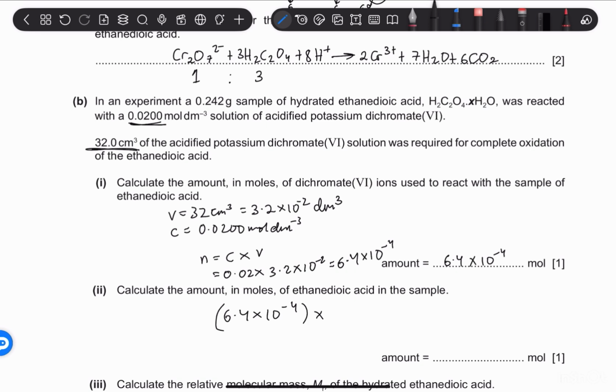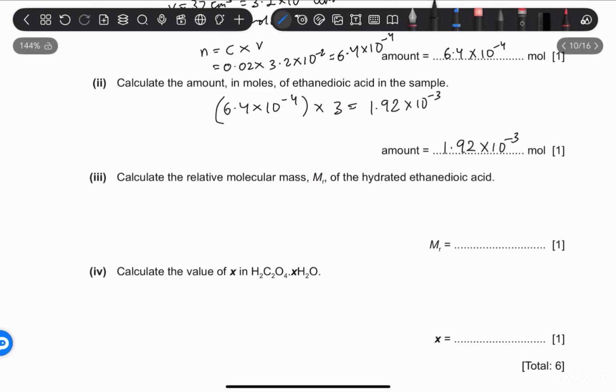So going to multiply this by 3 and I get 1.92 times 10 to the power minus 3. That's the amount of moles of ethane dioic acid in the sample.